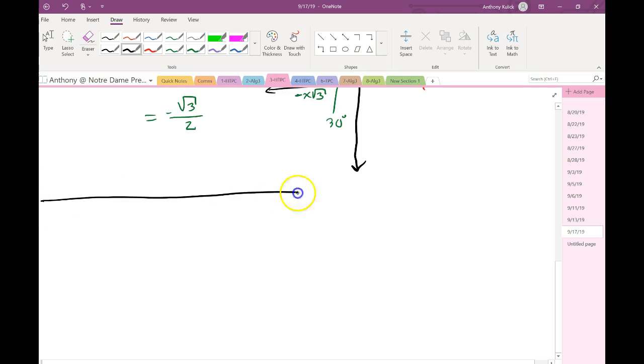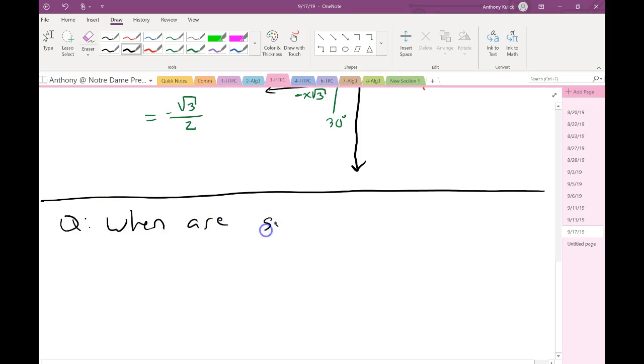So, an interesting question becomes: when are sine, cosine, and tangent going to be positive or negative?